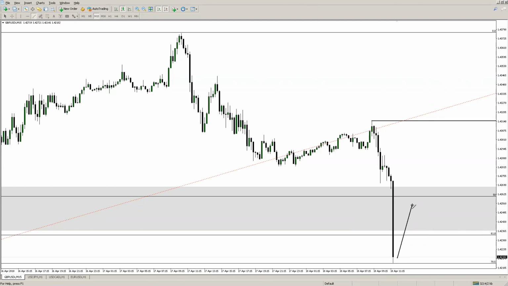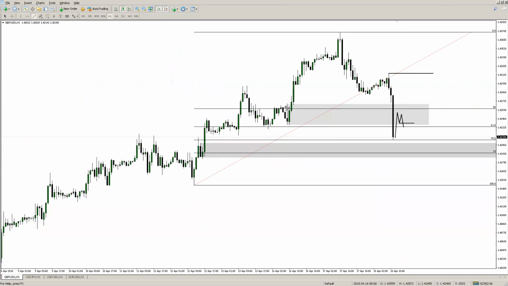Say it pushes up into the gray box, forms a high, trades lower, pushes back up, forms a lower high, then we get a breakdown, breaking below this low, indicating that we got a break in market structure on a lower time frame within a higher time frame, old support level now turned resistance, which was in the form of this.